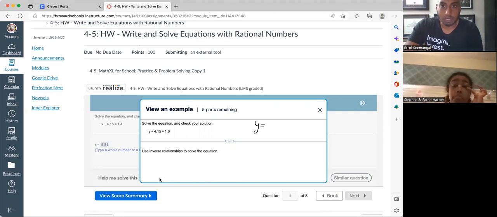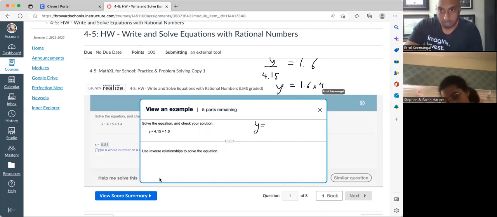Okay, so y over 4.15 equals 1.6. So y should be the same thing as 1.6 times, what did you say? 6.64. Yeah, okay, scroll down, press continue, and it should be 6.64.